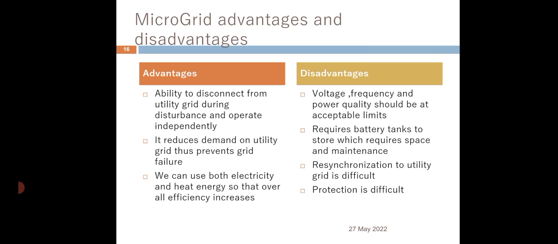Microgrid advantages and disadvantages. First are the advantages. The ability to disconnect from the utility grid during a disturbance and operate independently.